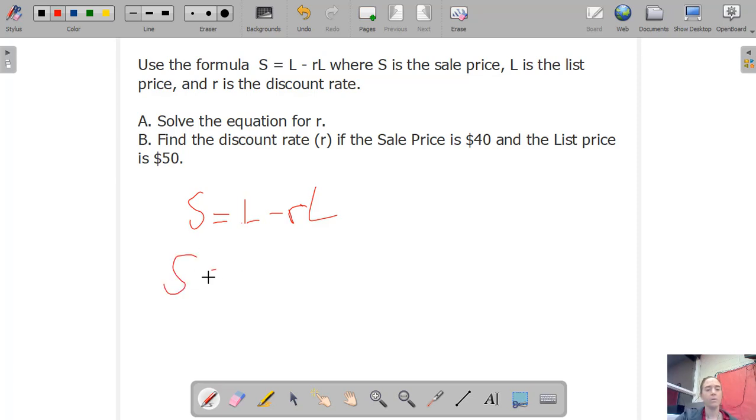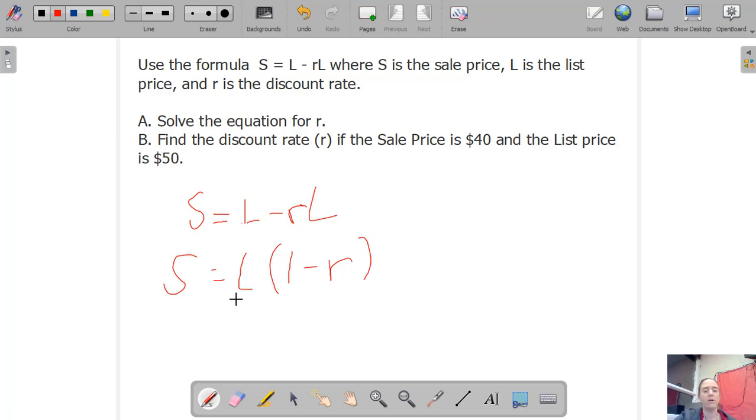What that means is that I'm going to take this L out, put in some parentheses, and then divide the L out of both terms. If you were going to distribute an L to both of the things inside, this is what you would end up with. So we're going to do the opposite of that. If I divide the L out of L, you'd have 1. If I take the L away from here, you'd have 1 minus R. So you could also do that and solve it this way.